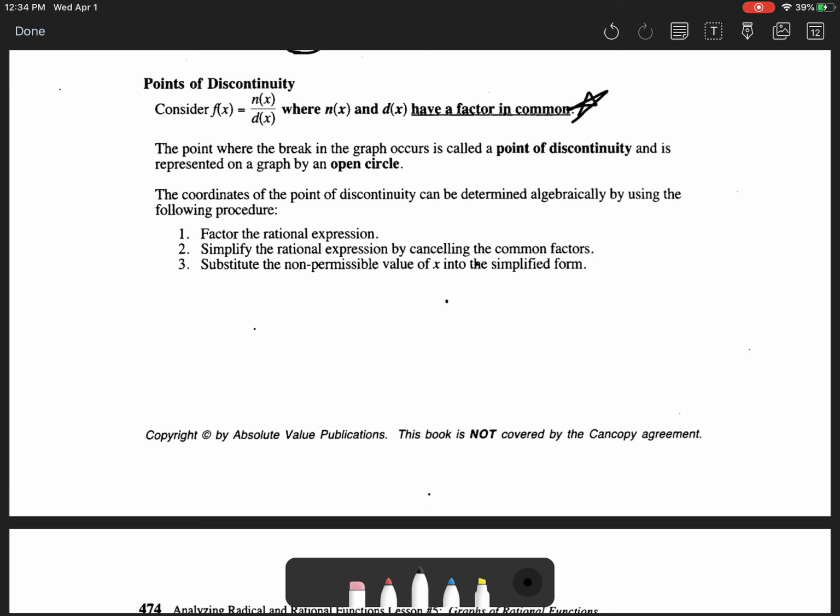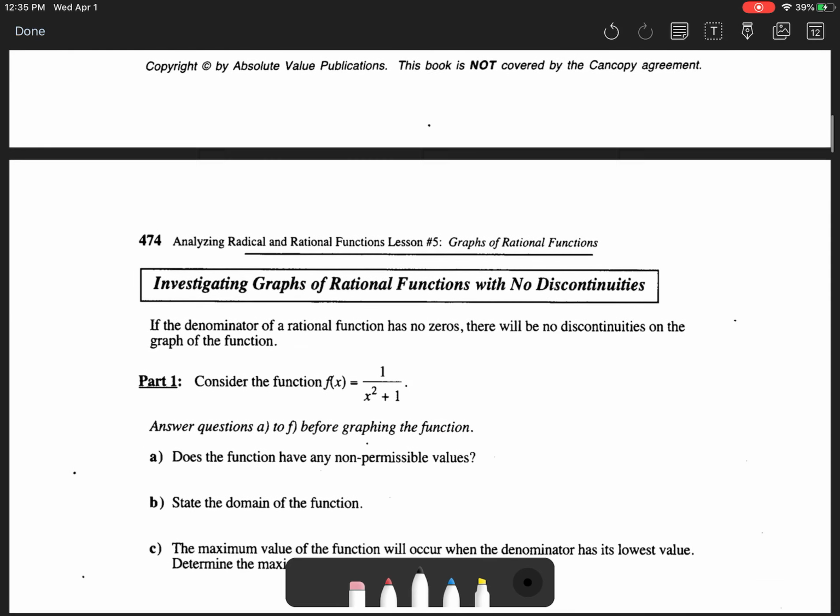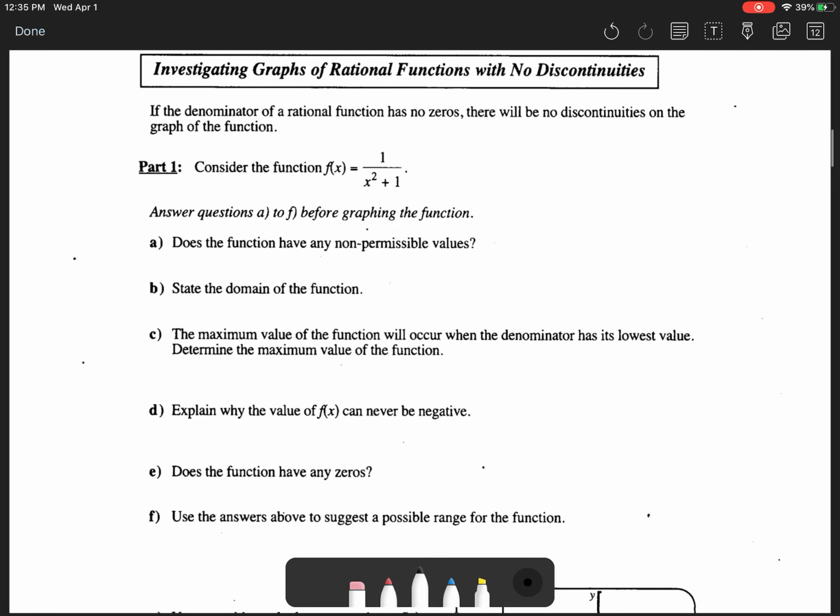The factor that we cancel out will result in an open circle on the graph at a specific point. They will ask again for the coordinates of that point, and the 3 steps there: you factor the rational expression, simplify by canceling common factors, and then substitute the non-permissible value of the factor you canceled out into the simplified expression, and that will give you the y value of your point of discontinuity.